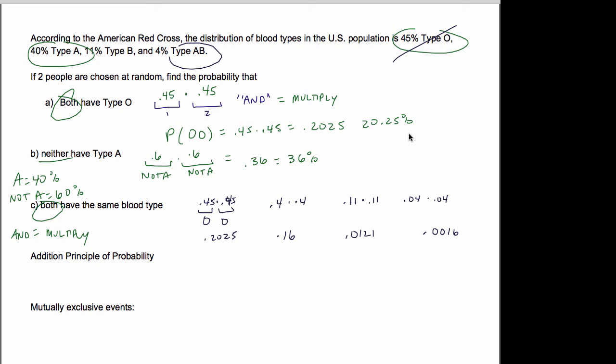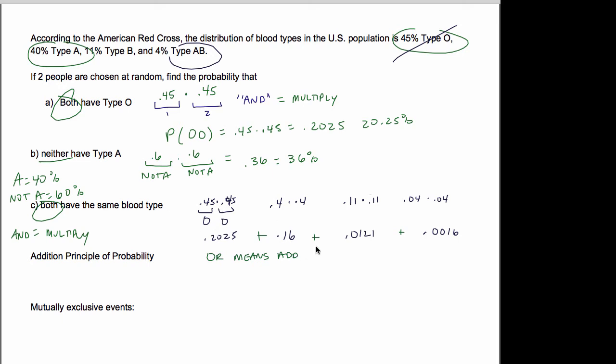But because it could be any of these, we're going to use an or. And or means add. So I'm going to add all of these probabilities up because it could be this or this or this or this.